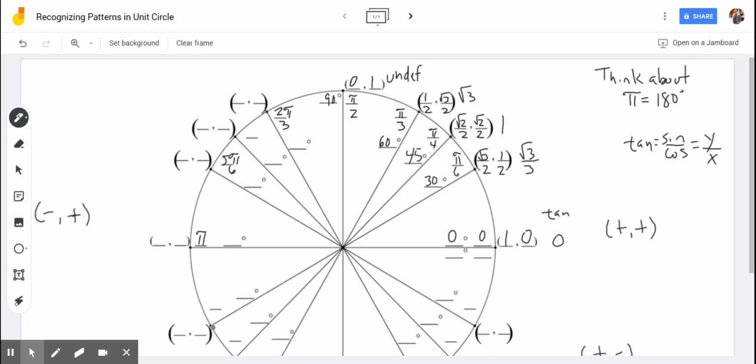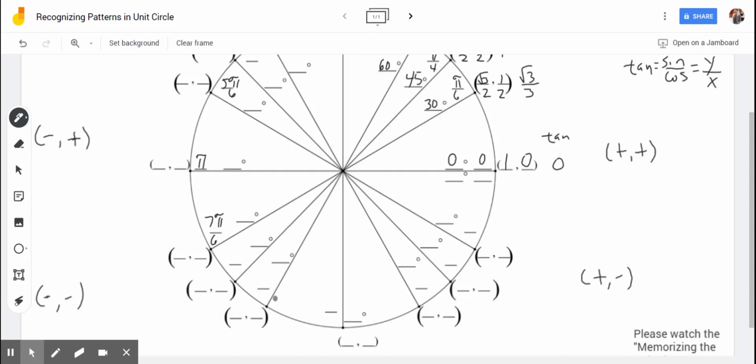And then in the third quadrant, we'll continue counting by pi over 6s. So it'll be 7 pi over 6. We skip this one in the middle here. 8 pi over 6, which simplifies to 4 pi over 3 after you simplify the fraction. 9 pi over 6, which simplifies to 3 pi over 2. 10 pi over 6, which is 5 pi over 3. 11 pi over 6.